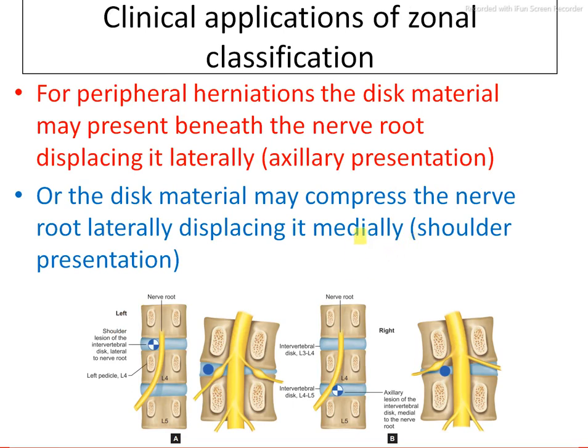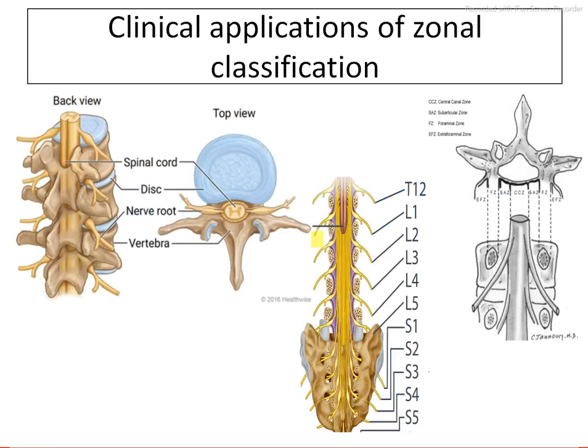So you see here, in this diagram, this level is the intervertebral disc level of L4, L5. So this is L4 and L5.